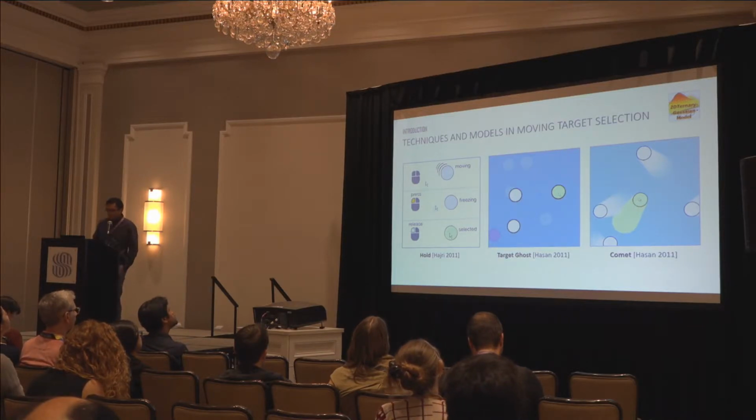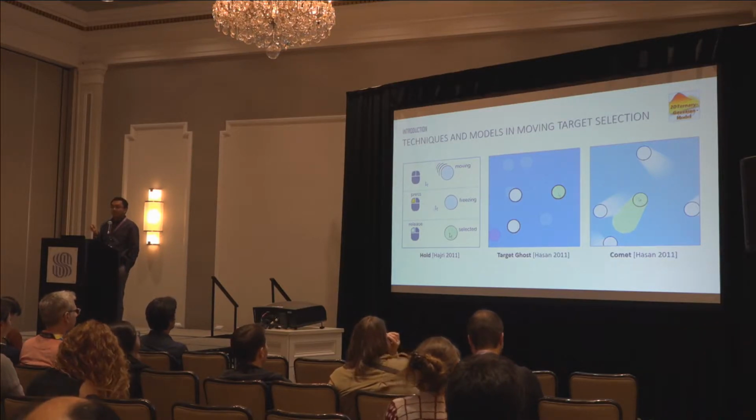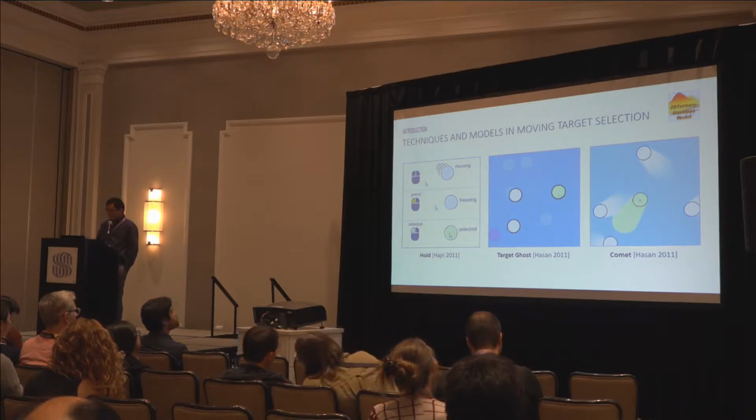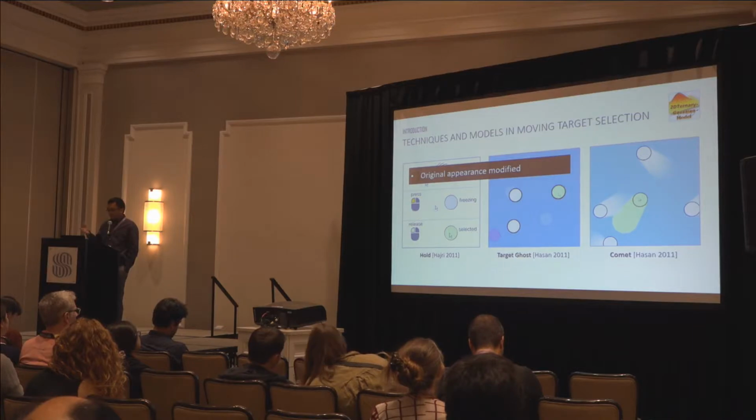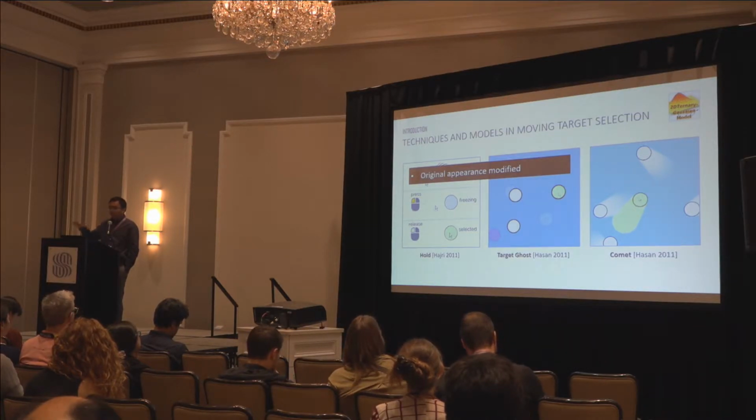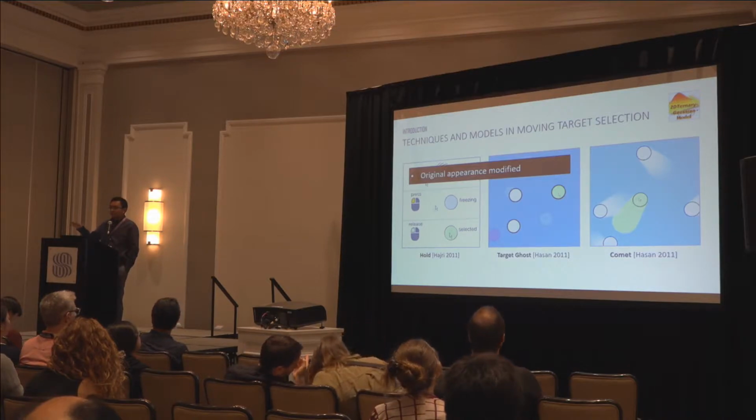In fact, this is a commonly known problem, and many solutions have been proposed. For example, previous work introduced a hold, where you use a mouse button to first freeze the moving object and then select it, which of course introduces some extra operation.